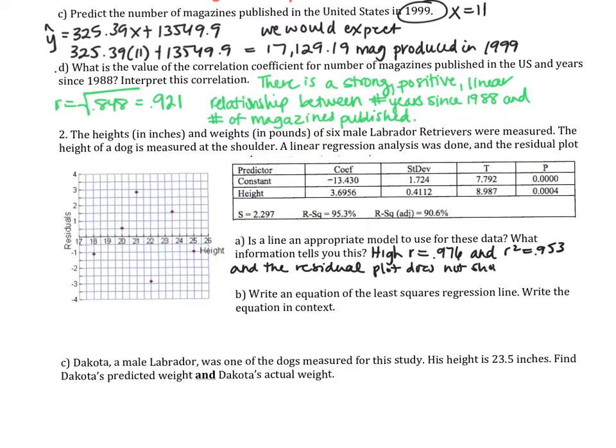It does not show any clear pattern. So it seems appropriate, so we'll say yes. It's kind of hard to determine when we have such a small number of data points, but since we don't have any clear pattern here, it seems appropriate enough.